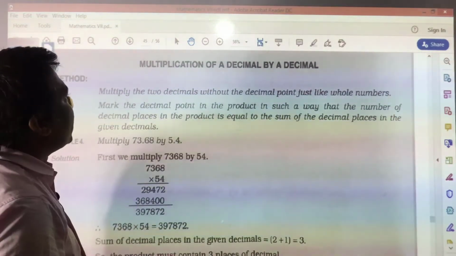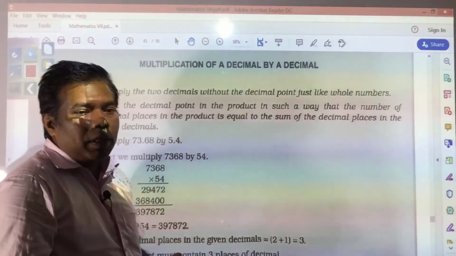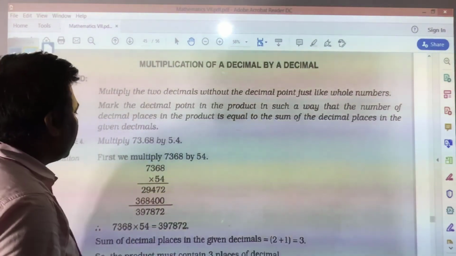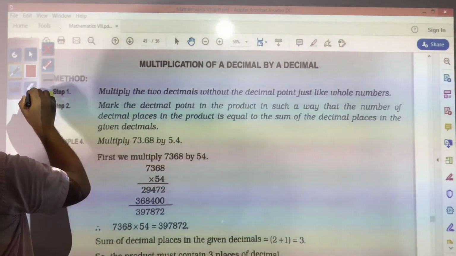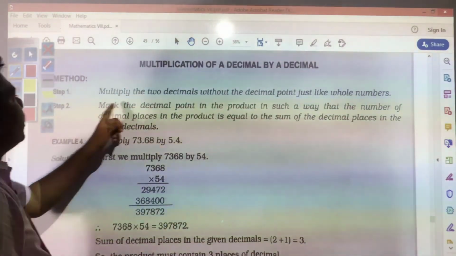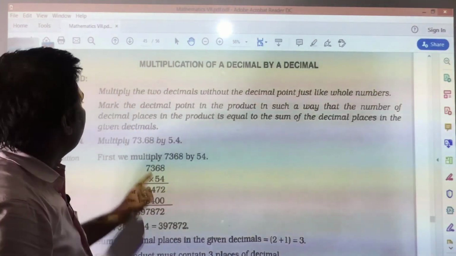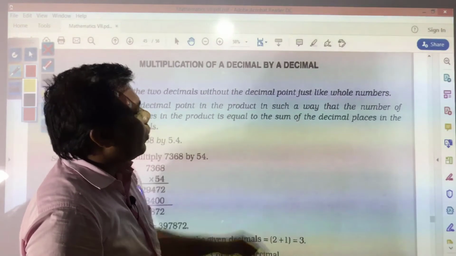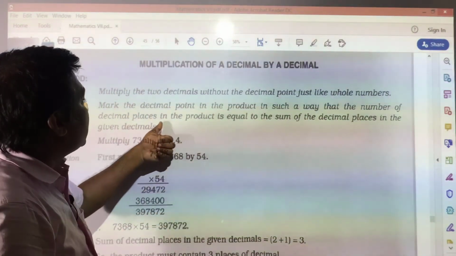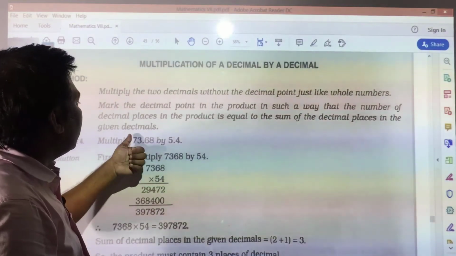Then you have multiplication of a decimal by a decimal. If suppose you have two decimal numbers and you need to multiply, then what will you do? Multiply the two decimals without the decimal point, just like whole numbers. Mark the decimal point in the product in such a way that the number of decimal places in the product is equal to the sum of the decimal places in the given decimals.